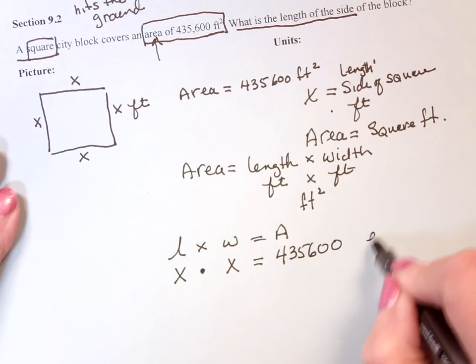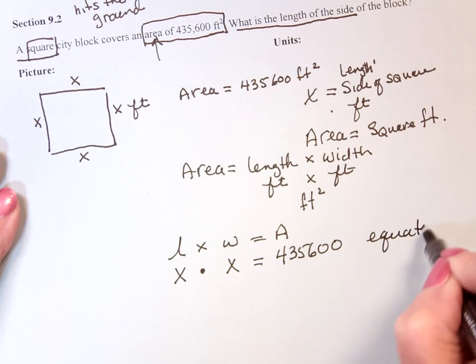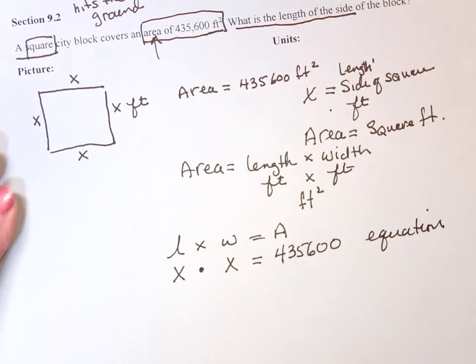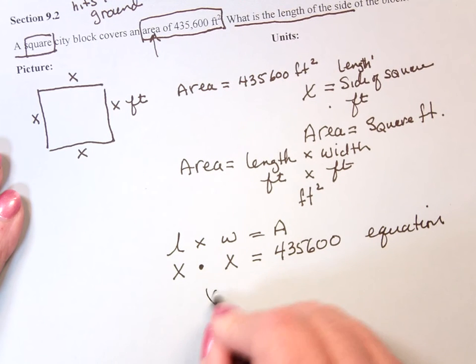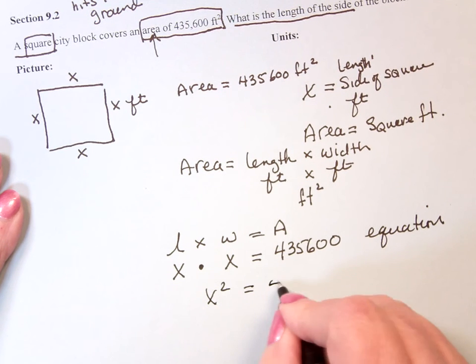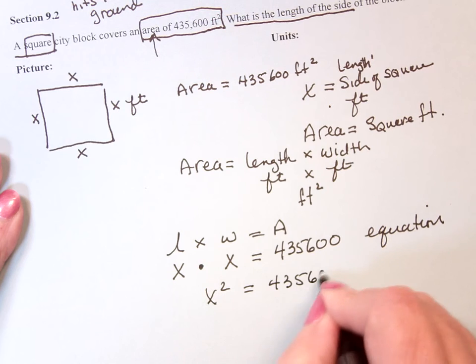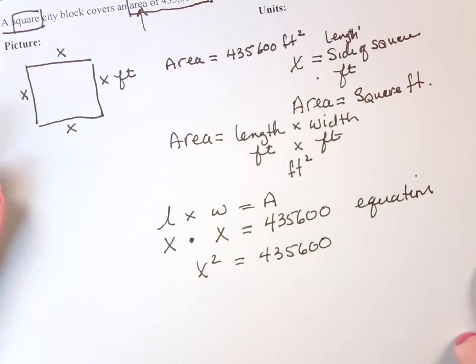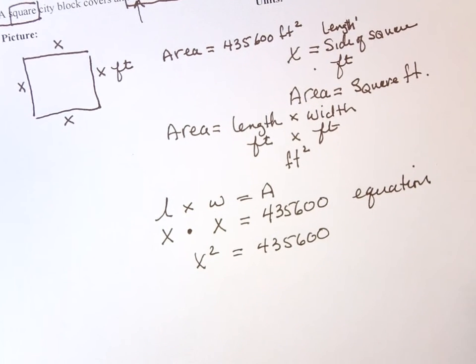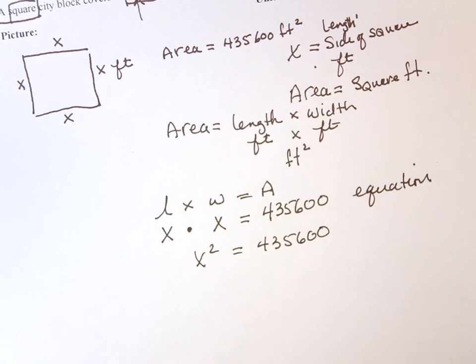So that's my equation. Or that X squared equals 435,600. And now what do I need to do to solve that problem? Square root both sides. Remember, this is 9-2. 9-2 is purely square root property and completing the square. That's what 9-2 was all about.